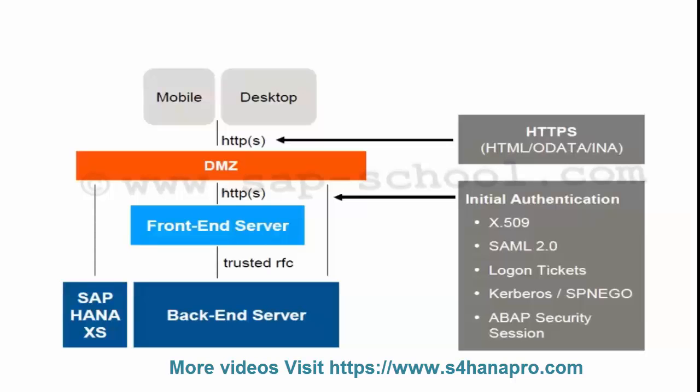We have different authentication methods available here: X509, SAML 2.0, logon tickets, Kerberos, ABAP security session. This initial authentication is done here. This is not the complete list, just a selection from that list.